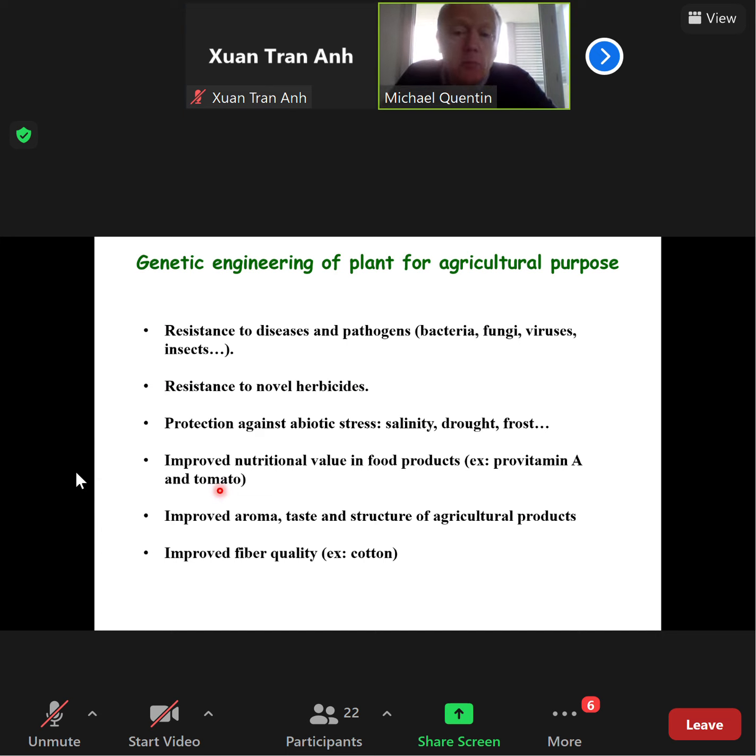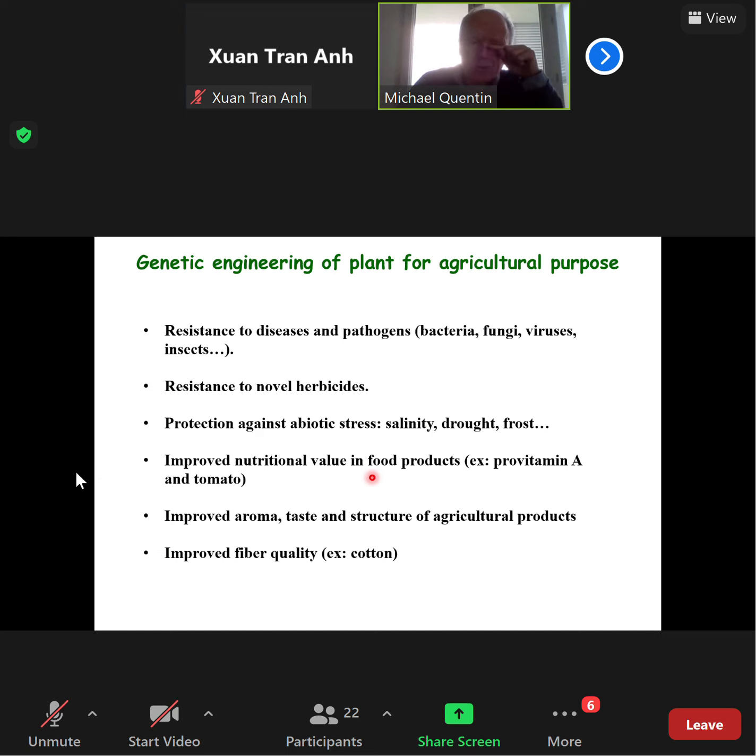Few genetically modified plants have been generated with improved nutritional values. And I think the best example is golden rice. And we will have the opportunity to speak about this when we do the tutorial.